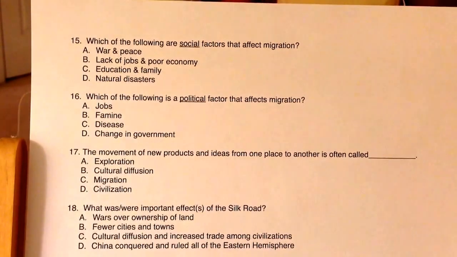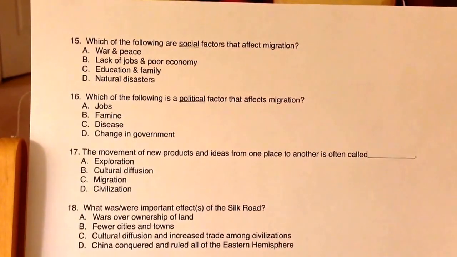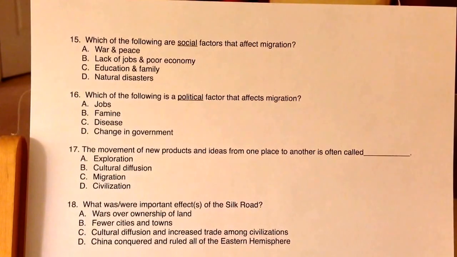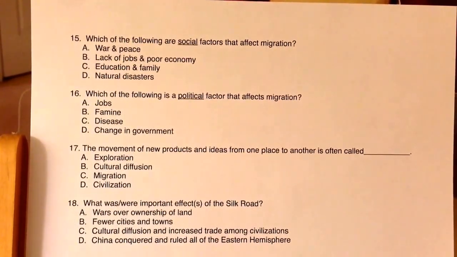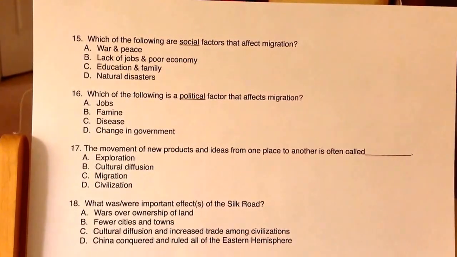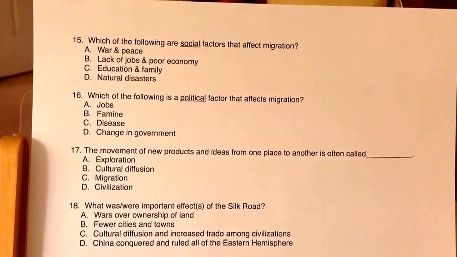What was or were important effects of the Silk Road? A, wars over ownership of land, B, fewer cities and towns, C, cultural diffusion and increased trade among civilizations, or D, China conquered and ruled all of the Eastern Hemisphere.